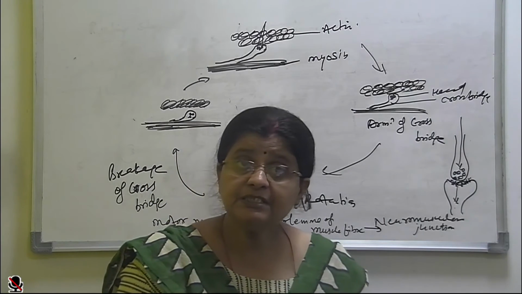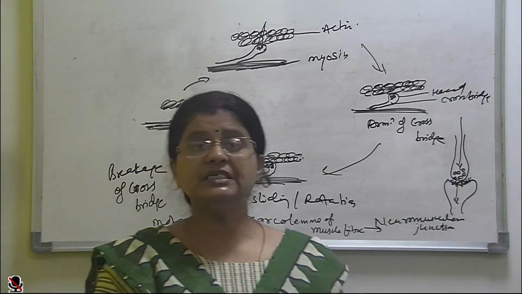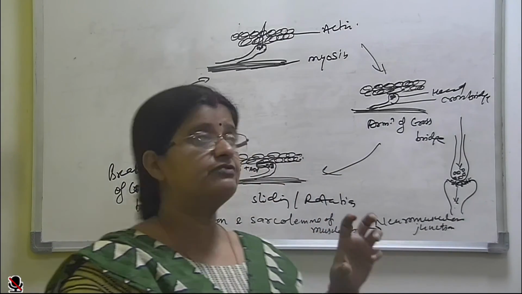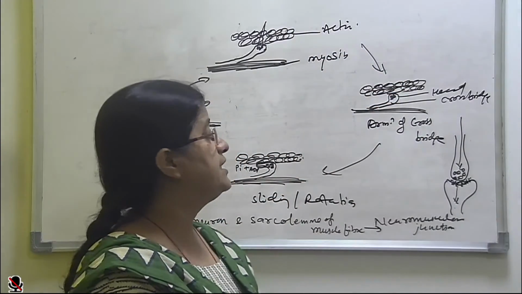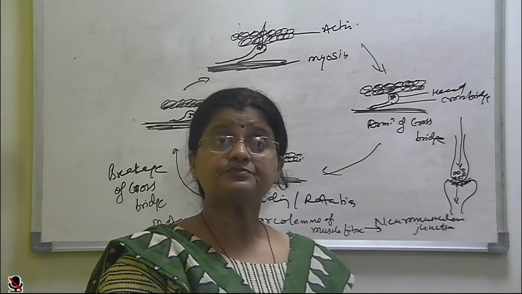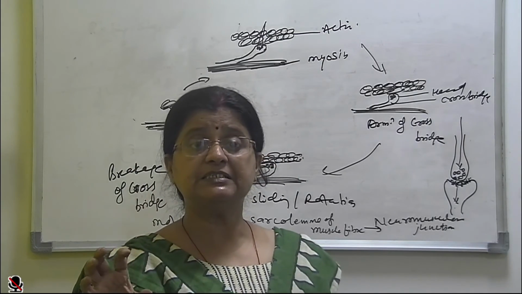So now what happens here? There is an increased level of calcium ion. So this calcium binds with the troponin. I had told you that this has troponin, a complex protein present over the tropomyosin at places, right?